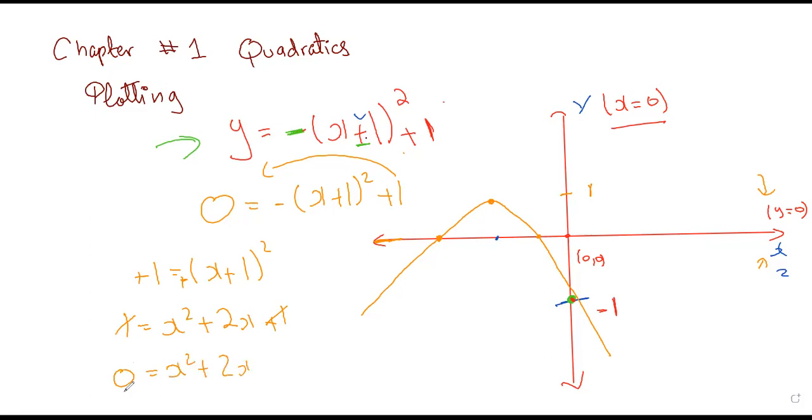Okay, now how am I going to find out the roots of this equation? I know that I can take x common. 0 equals x common, x plus 2. So x equals 0 and x equals minus 2, right? This means that this value would be minus 2 and this value should have been x equals 0.